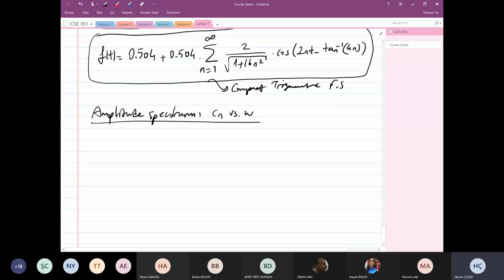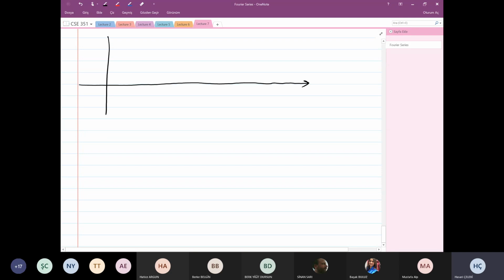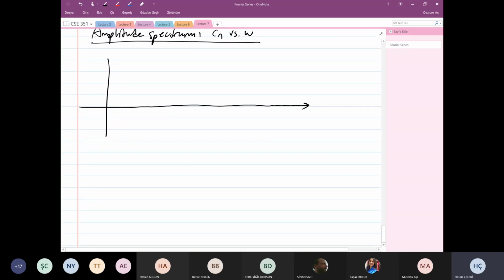Let's do it together. And the second one is the phase spectrum, which is theta n versus W.